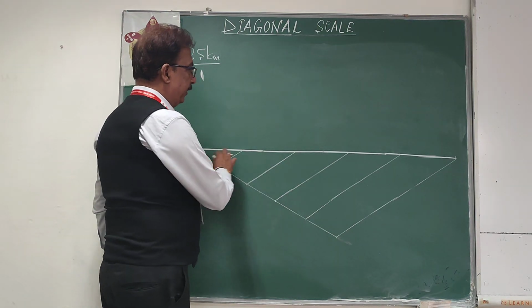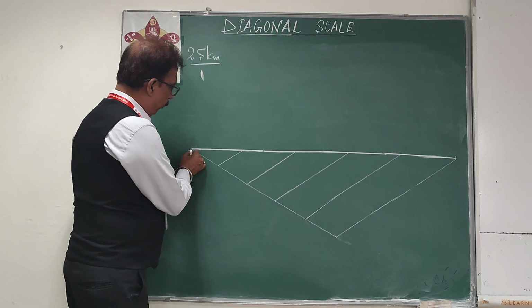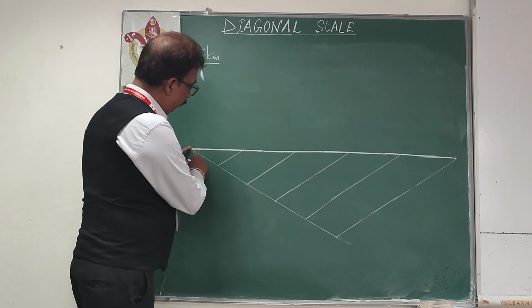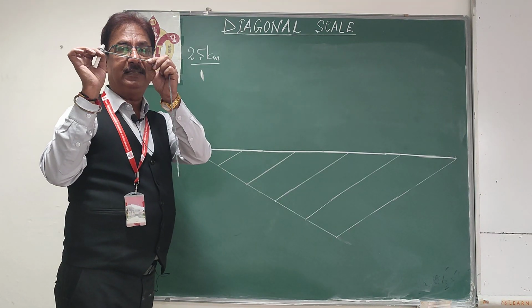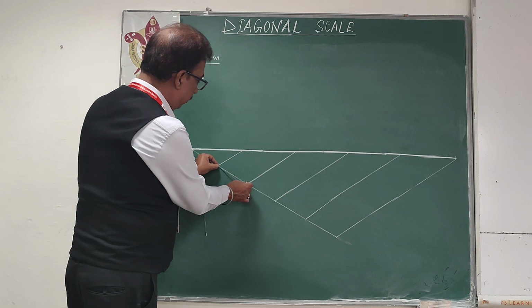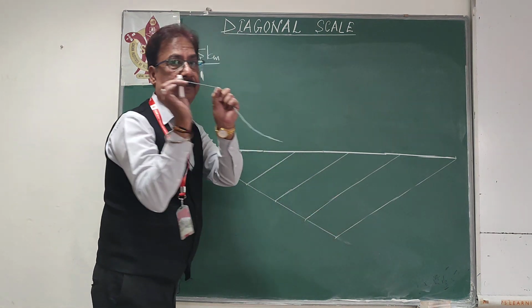As you know that we will divide the main line into number of parts. So that is 5 parts. For that I am using again the same geometrical construction method. So I have drawn this inclined line, and on this inclined line I have taken one distance in the divider, any distance which is suitable for this particular problem, and I have marked 5 equal markings on this line.